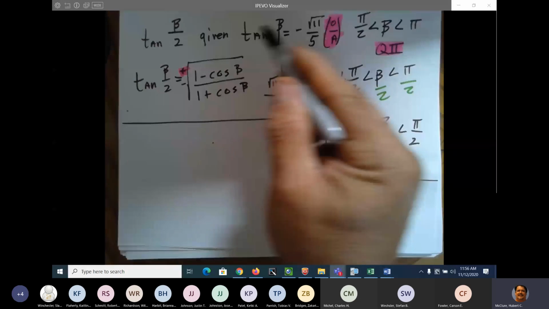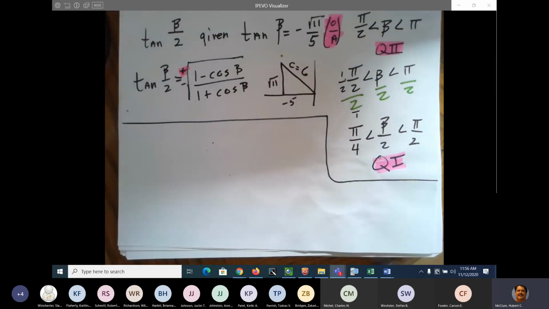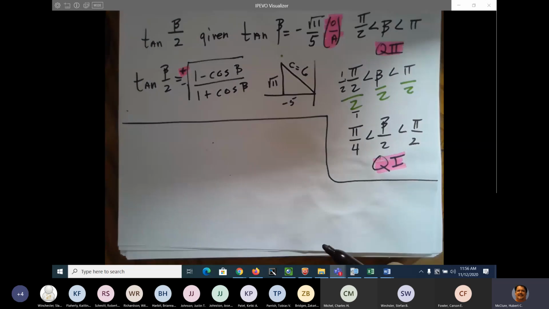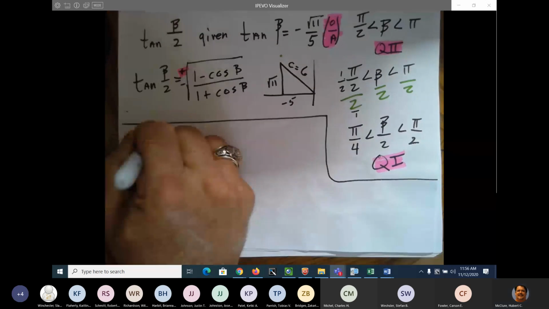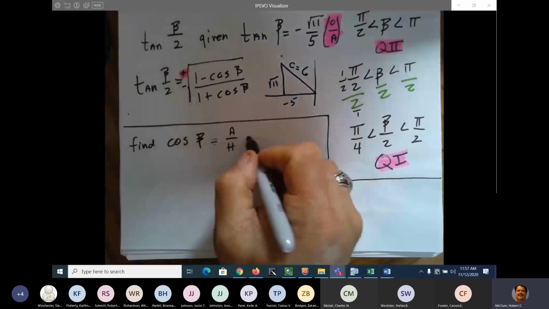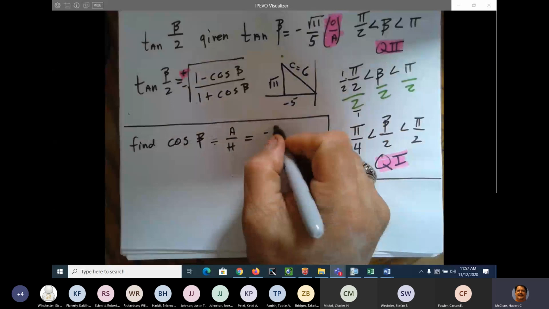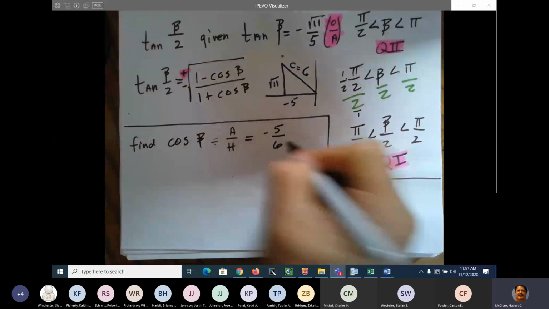Now, this is what you need to do. Find cosine of beta over 2, and that's going to equal the square root of one half times one plus cosine beta, with cosine beta equal to -5 over 6. And now plug and chug.